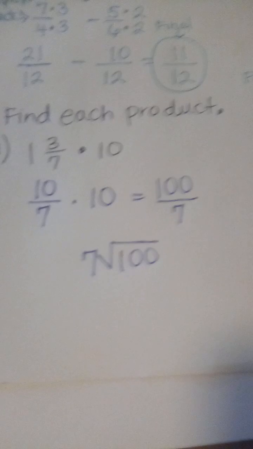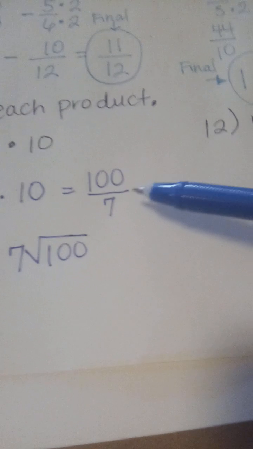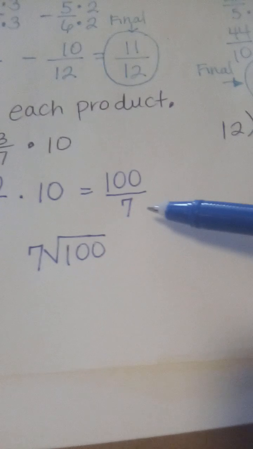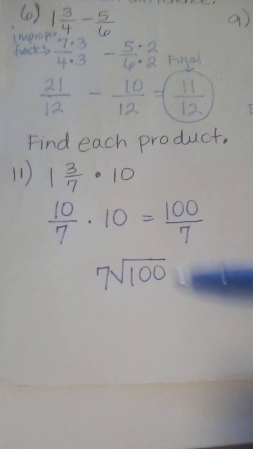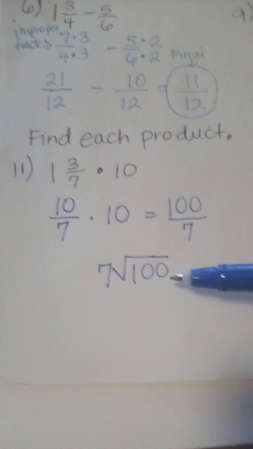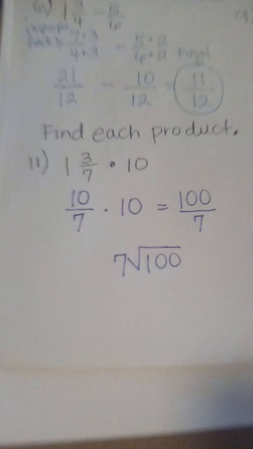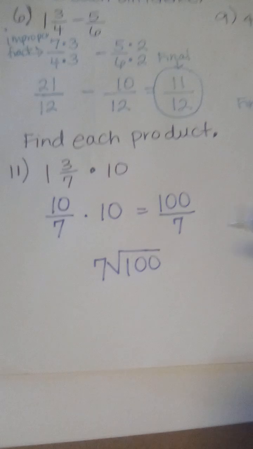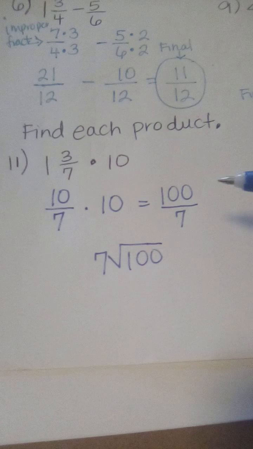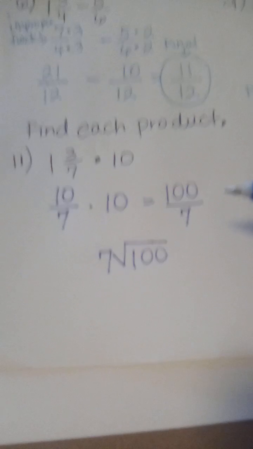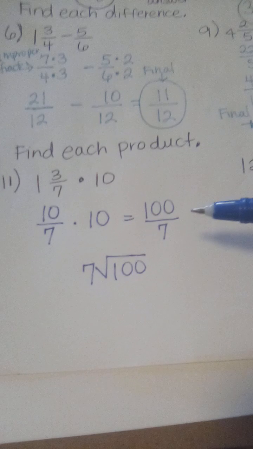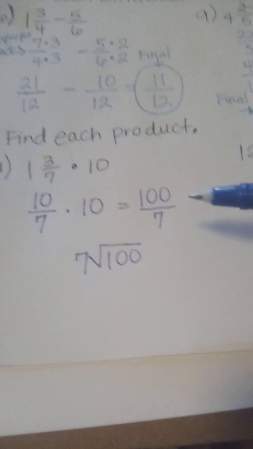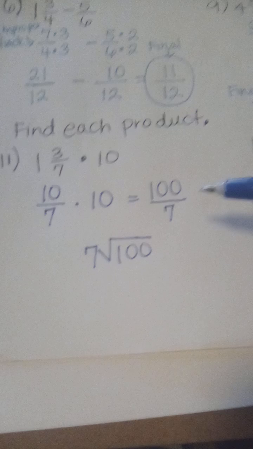Like I said, some teachers accept the improper fraction. Most of them do ask for a mixed number, and that's what I'm going to do right now. So, question. How many times does 7 go into 100? We know it's going to be bigger than 5, bigger than 10. So 10 times 7 is 70, it's close to 100, but we're almost there.